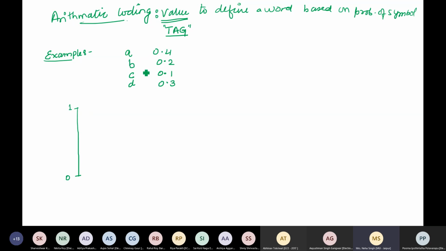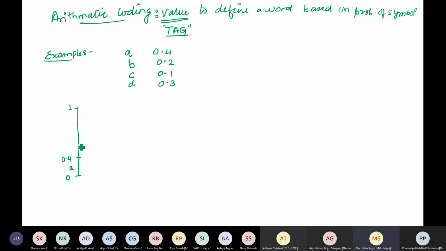If the number lies between 0 to 0.4, I say the symbol is A. So any number which lies between 0 to 0.4 will be used as a tag for a single A being transmitted.